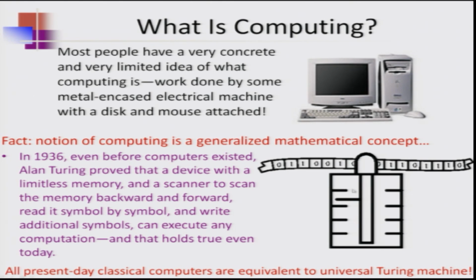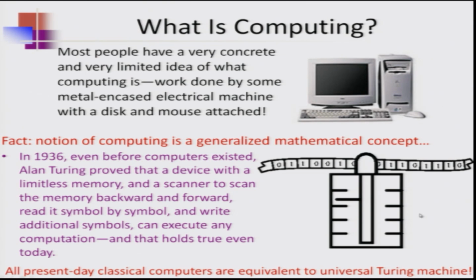So, this is roughly how the imagination was, that this would be like a machine with an infinite tape which has all these binary digits written, and once the digits go through the head which reads them, it will be able to process the information. That was the basic first principle idea of the Turing machine, and all present day classical computers are equivalent to a universal Turing machine.